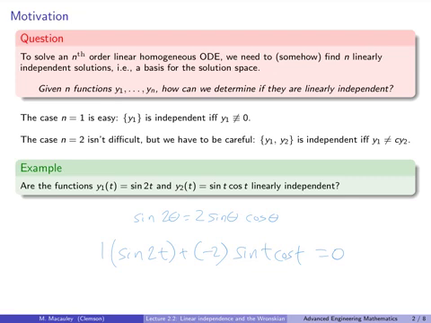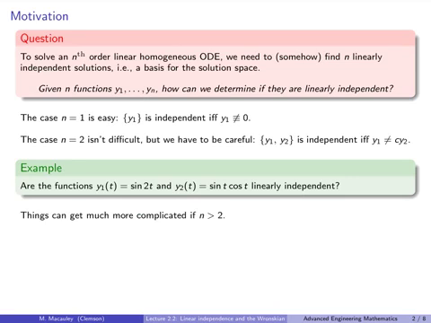So here is a nontrivial linear combination of these two functions, y1 and y2. In other words, 1 times y1 plus negative 2 times y2 equals 0, so they cannot be linearly independent after all.